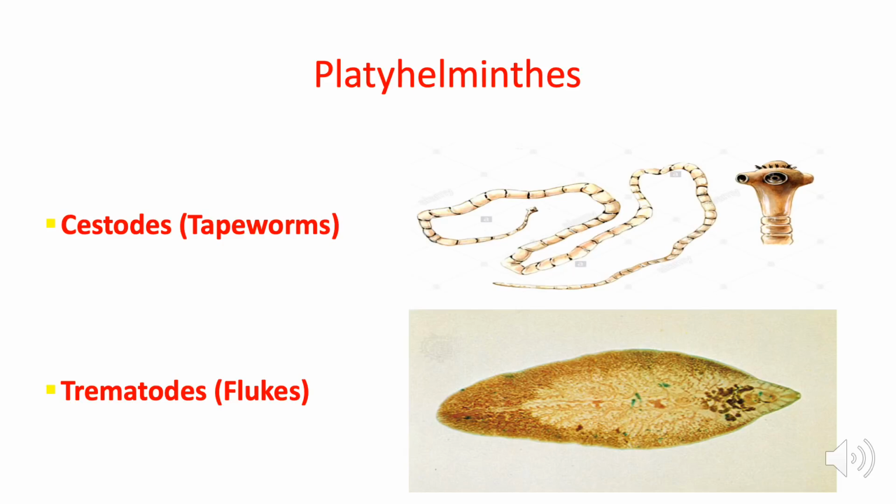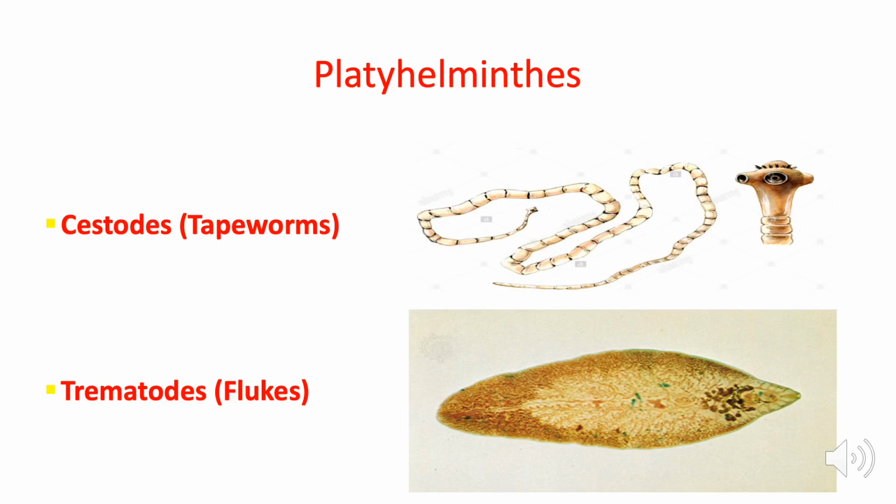Cestodes and trematodes are classified under the phylum Platyhelminths. Platyhelminths mean flat worms. Take a look at the pictures of a cestode and a trematode. Both of these worms are flatworms. What sets them apart is that the bodies of cestodes are segmented, just like what is shown in the picture.